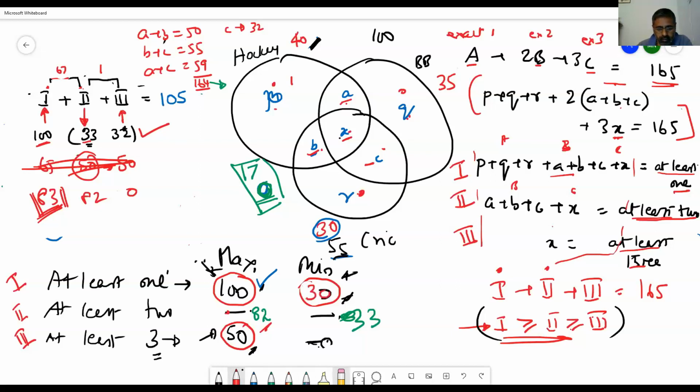Can you please explain how at least one maximum is 100? I just missed that part. See, at least one.